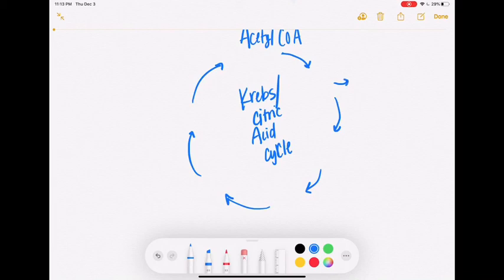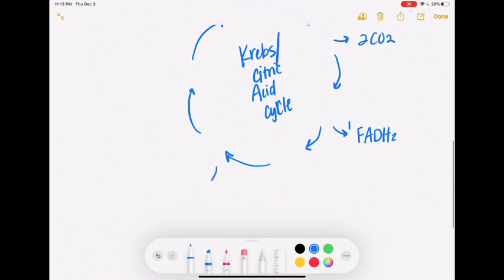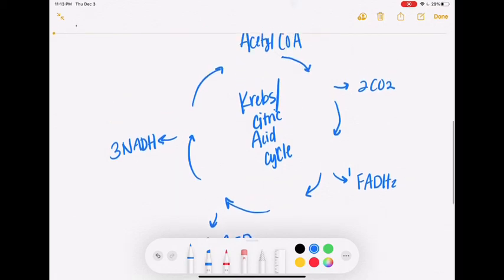And in this process, we release 2 CO2, we release 1 FADH2, which is that electron carrier, we release 1 ATP, and we release 3 NADH. Where you draw these on the cycle doesn't really matter to me. I don't care. Okay?